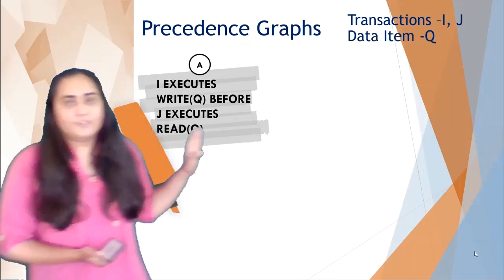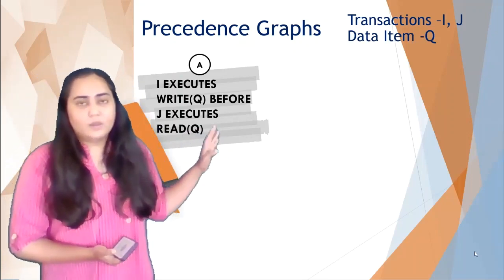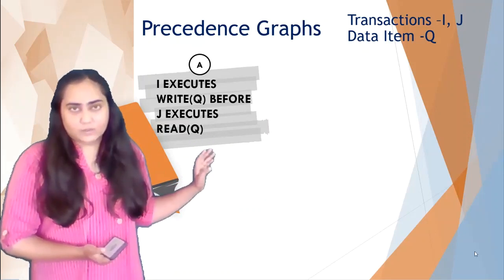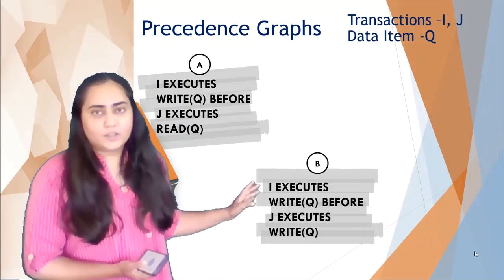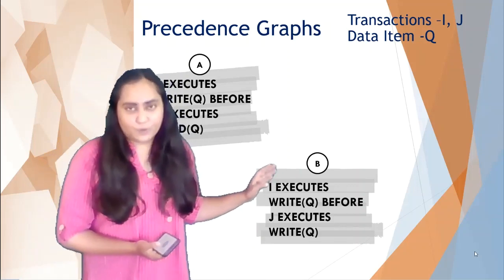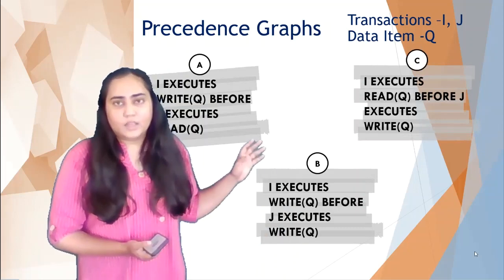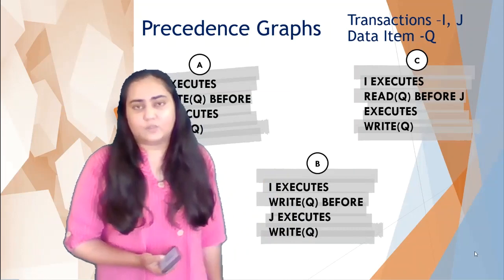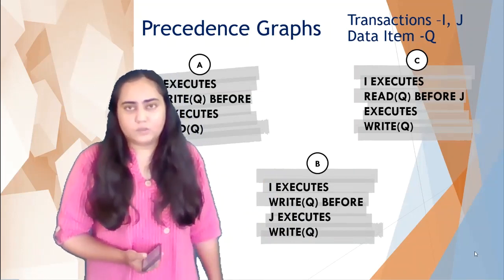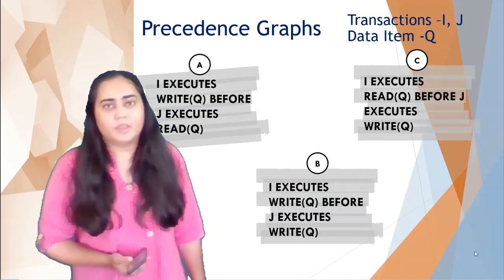The first rule is if I executes write Q before J executes read Q. The second rule is if I executes write Q before J executes write Q. And the third rule is if I executes read Q before J executes write Q. So there are three rules which you need to remember, and they are not very hard to remember.